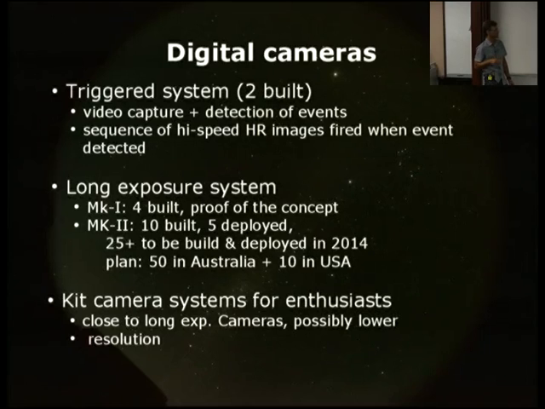And by the end of 2014, we would like to have at least 25 cameras in total deployed in Western Australia, and eventually it should be 50 cameras in Australia. We would like to expand to South Australia as well, and hopefully also 10 in the desert parts of the USA.